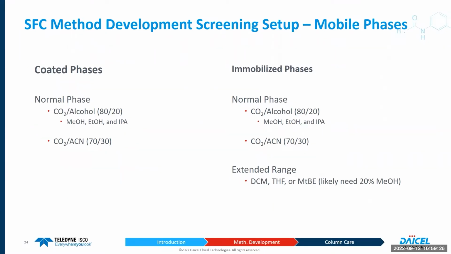Now, with those solvents, they do, under SFC mode, tend to result in high retention. So oftentimes we find that you need to add 20% methanol to help with peak shape and help move things off the column a little bit faster than they would without it. So again, that's one of those things that you might need to play with when you do retention checks, but these combinations often work well, especially with things that are not very soluble in alcohol alone.